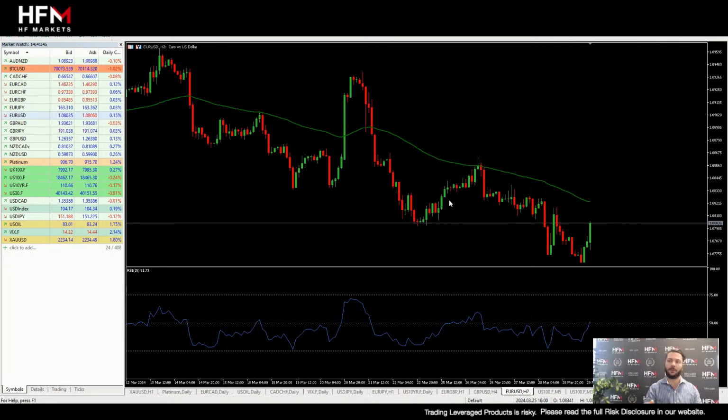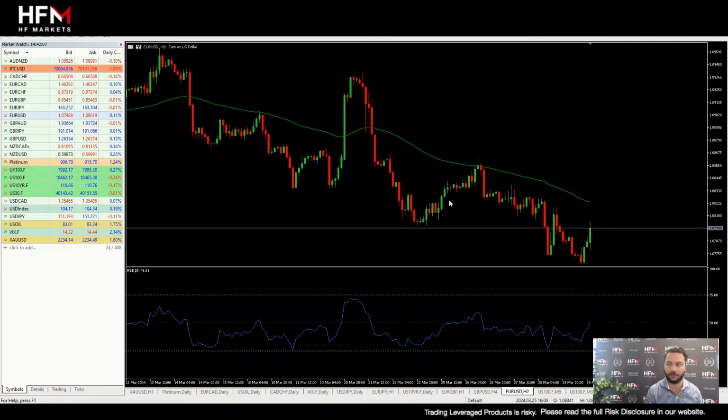Now, why do we do that? We want to avoid a tug of war scenario. So, for example, we don't want to see one currency increasing in value. For example, the euro. The euro at the moment over the past 6 hours has been increasing in value, and also the US dollar increasing in value. That creates some friction. That creates a tug of war scenario, and it's slightly more difficult, especially for beginner traders, to analyze it.